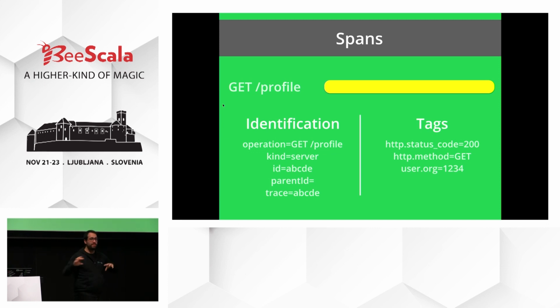As your requests go through a bunch of services, each one of them will collect their part of that operation, saying, I did this as part of that trace, and send it to some central place. Then all of this data gets aggregated together, and you get that big picture of what happened with the application.